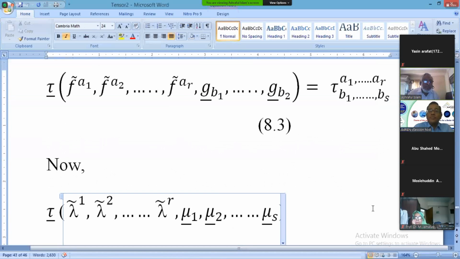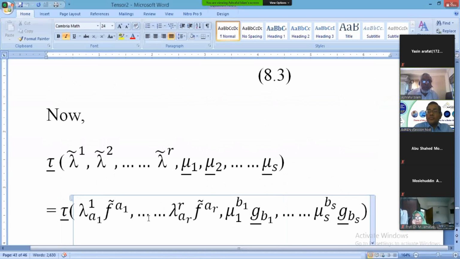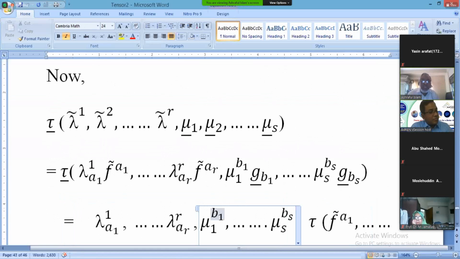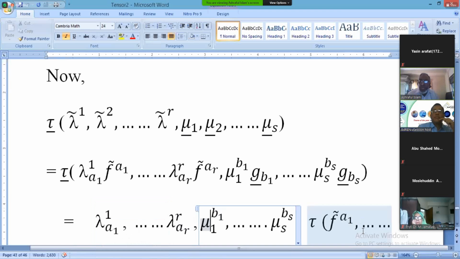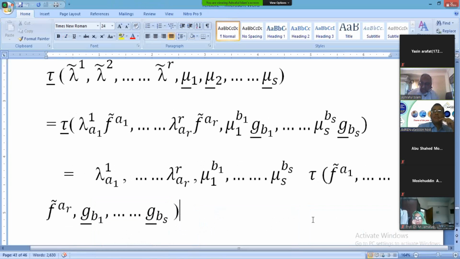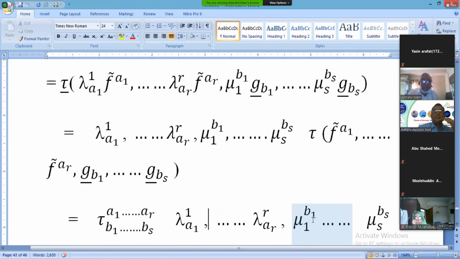Now any general vector we have taken can be written in terms of basis vectors. So the component can be taken out, and we take the basis vector. The basis vector gives the component. Tau works on the basis vectors a1 to as, and this gives the component.